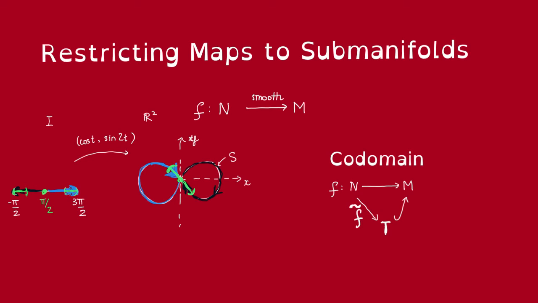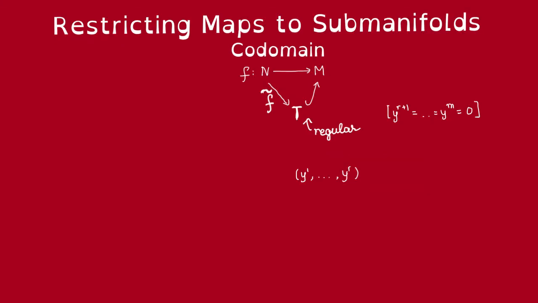We claim that if we restrict the codomain to a regular submanifold, then that's fine. So let's assume that the image of F lies in some regular submanifold T of M. Now we want to show that F tilde, this induced map, is smooth. To show that, we just want to check that it's smooth in coordinates.